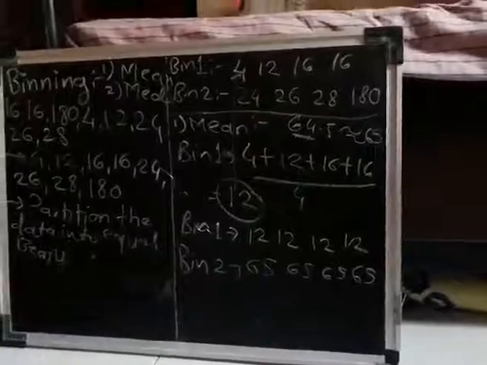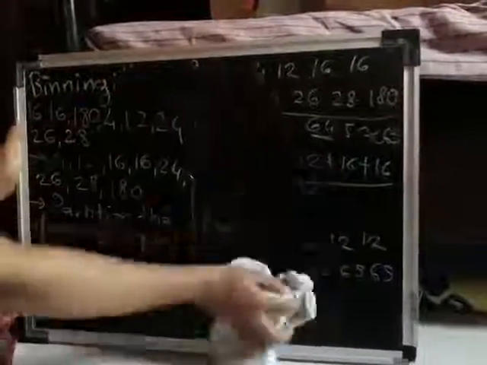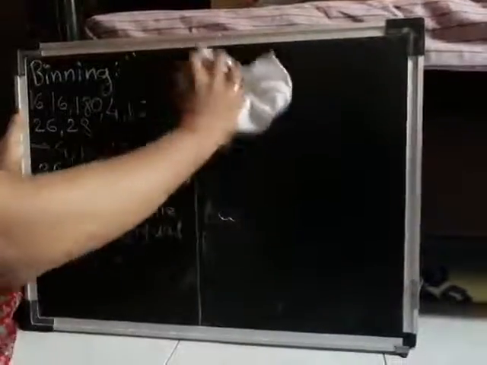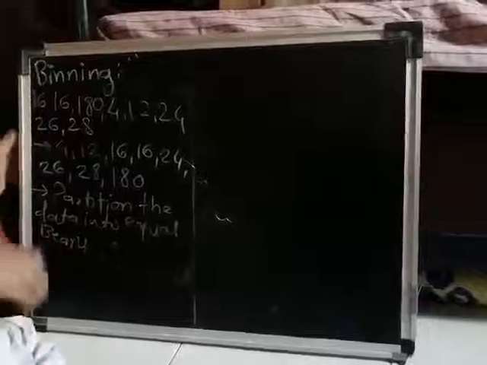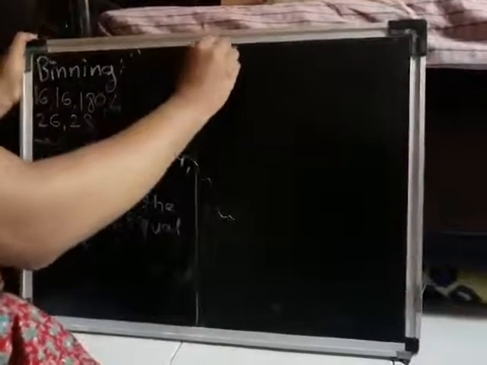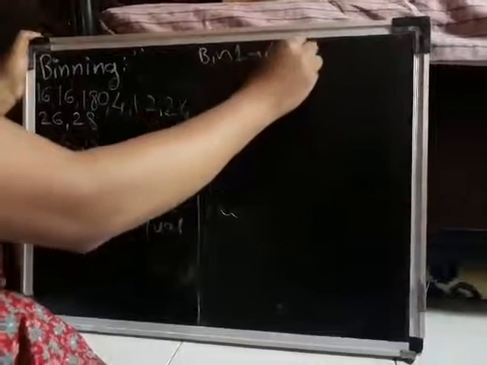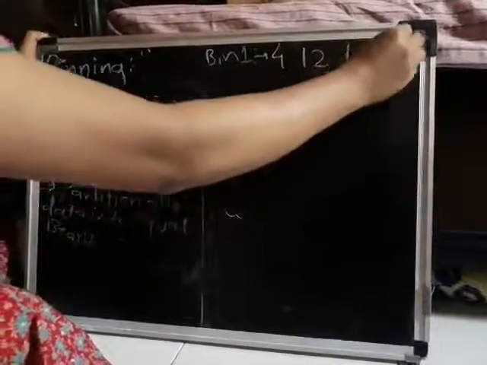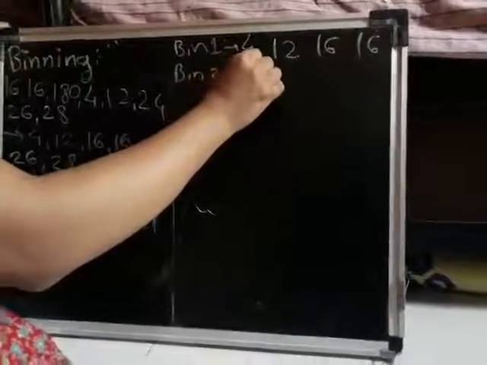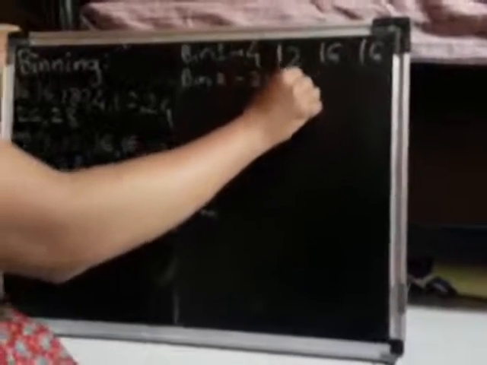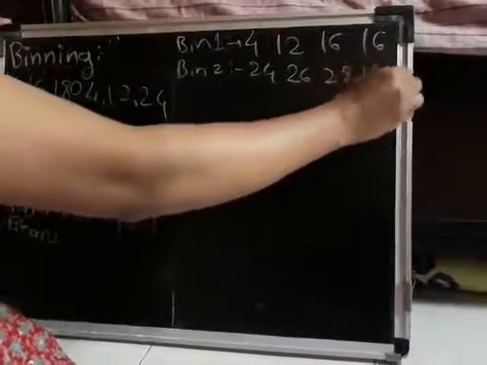Now second is median. So how to calculate the attribute by the median? Now what was our bin 1? The same input is there for each and every bin: 4, 12, 16 and 24, 26, 28 and 180.